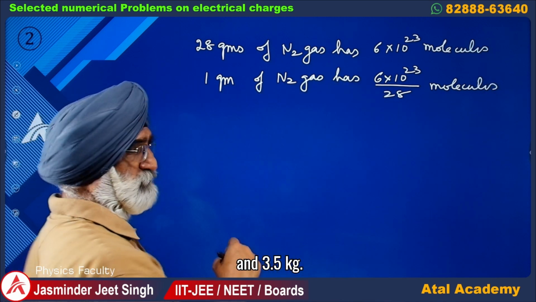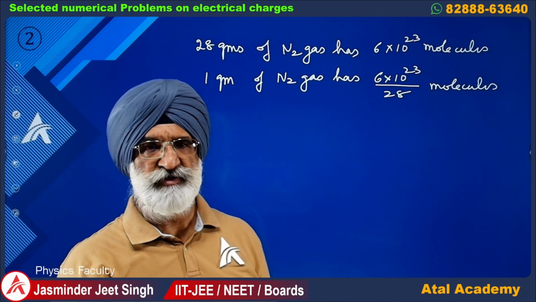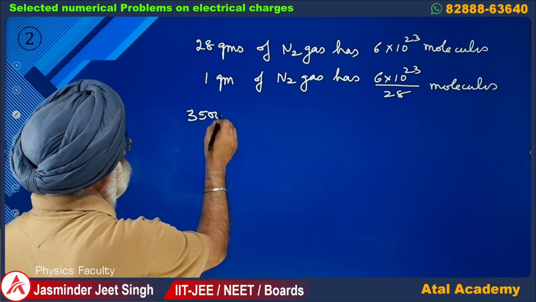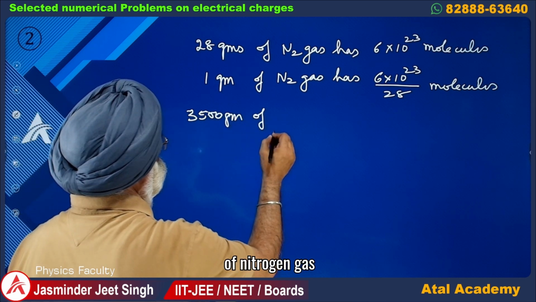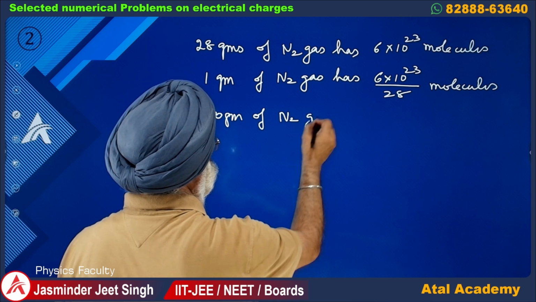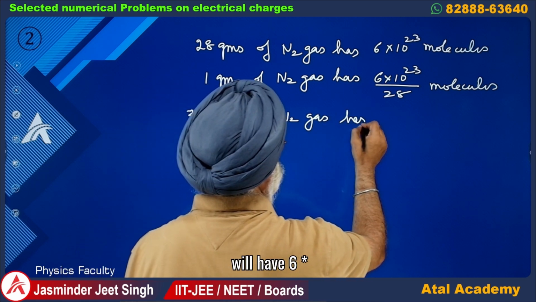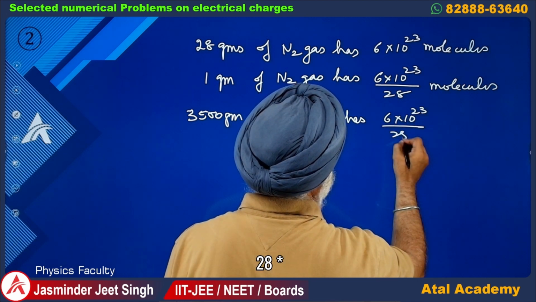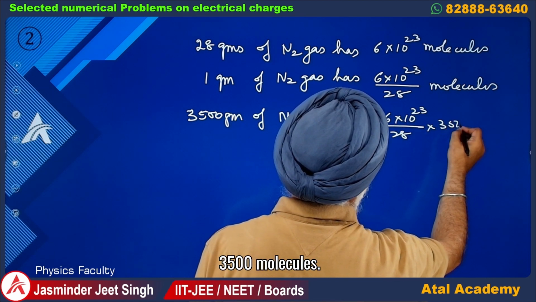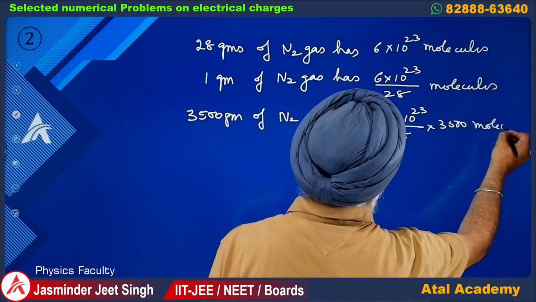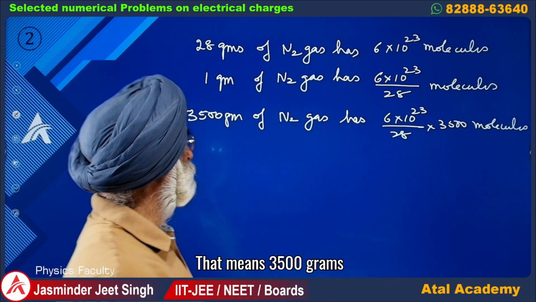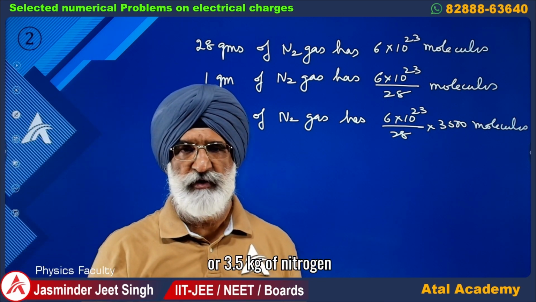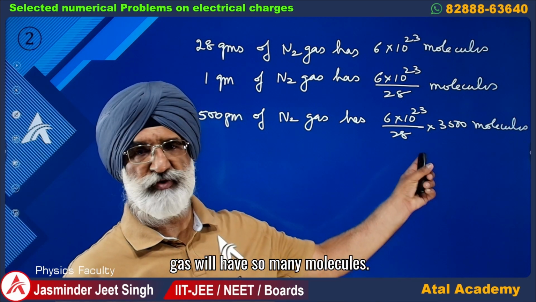And 3.5 kg means 3500 grams. 3500 grams of nitrogen gas will have 6 into 10 to the power of 23 upon 28 into 3500 molecules. That means 3500 grams or 3.5 kg of nitrogen gas will have so many molecules.